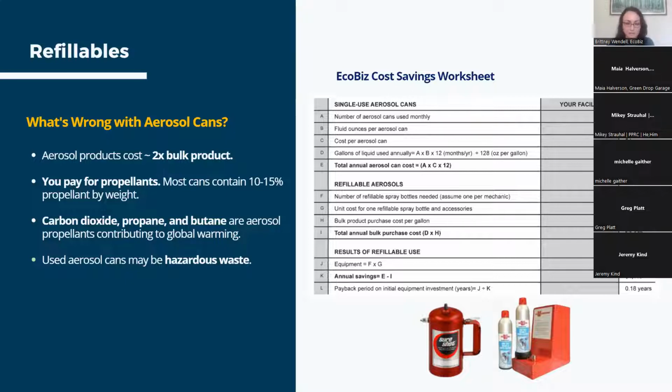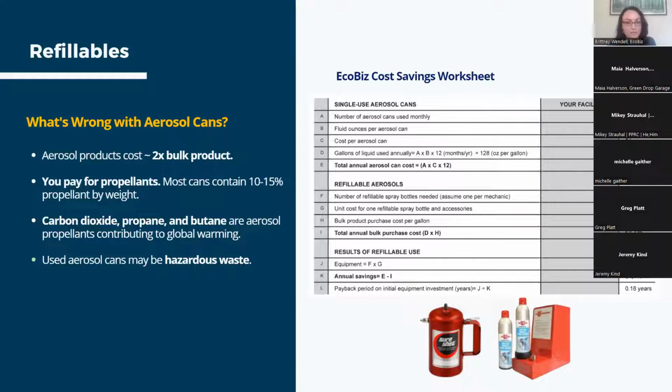Most cans contain about 10 to 15% propellant by weight, and these contain carbon dioxide, propane, butane, which are commonly used aerosol propellants that can contribute to global warming. And the last point is that used aerosol cans may be considered hazardous waste.